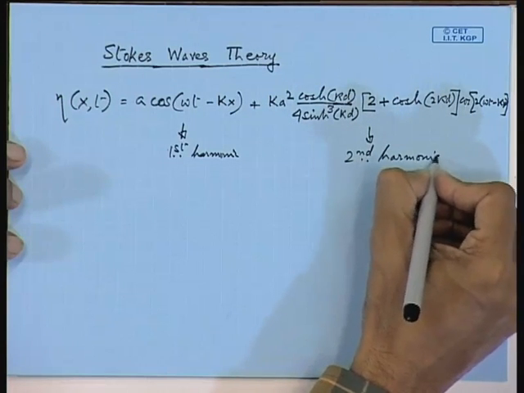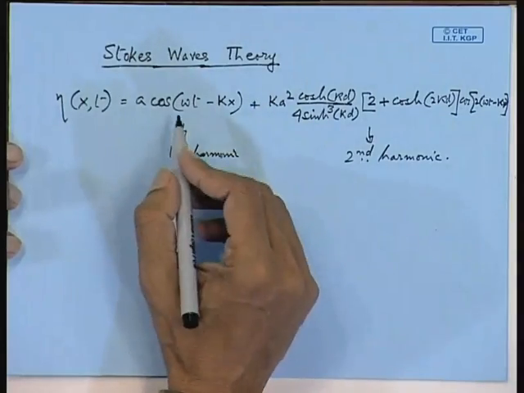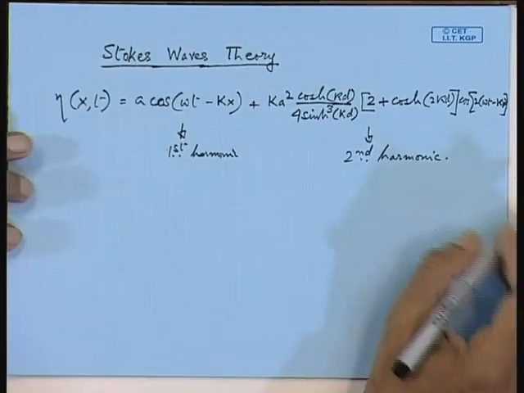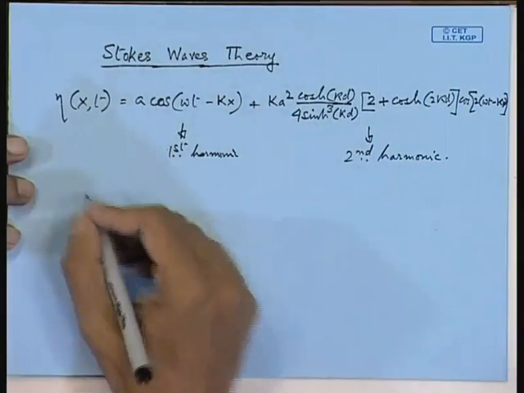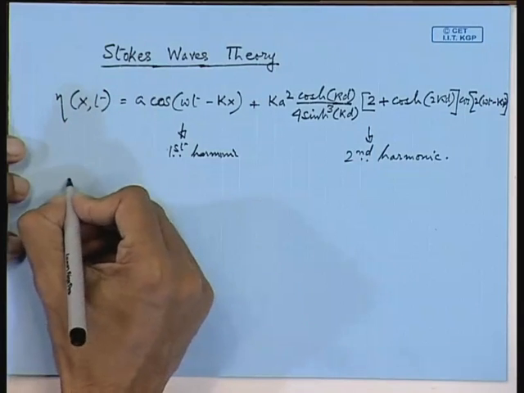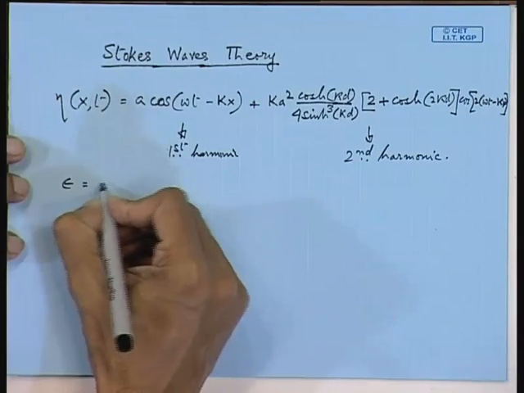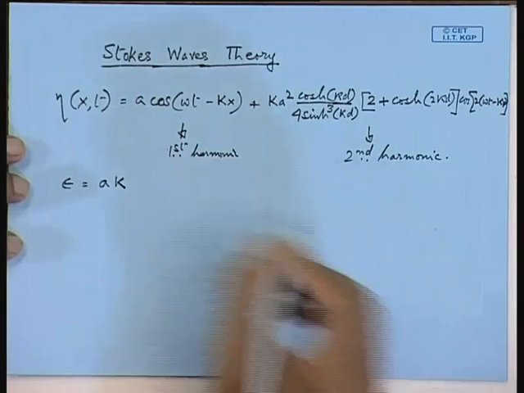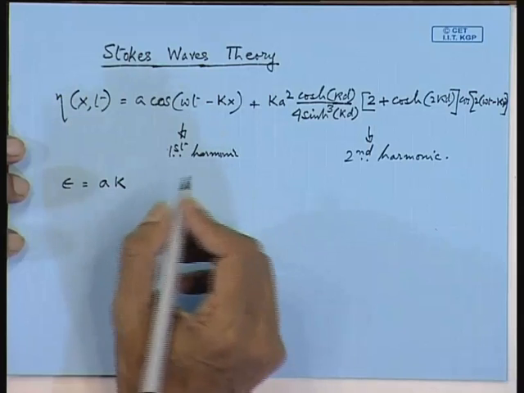So, here the Stokes wave consists of two waves. The first is your linear wave and the other is your second harmonic, having the same phase angle. Similarly you can go on doing this, and your epsilon is A multiplied by k. K is your wave number and A is the amplitude of the linear wave.